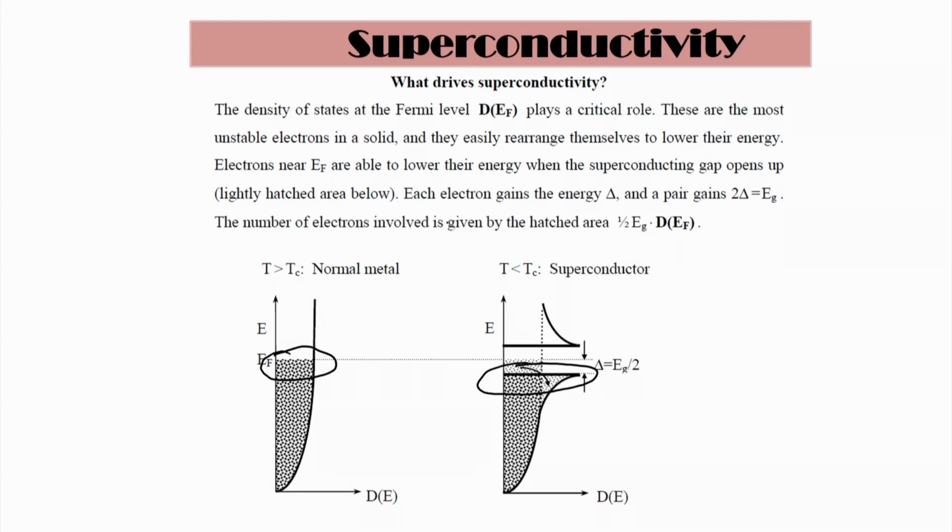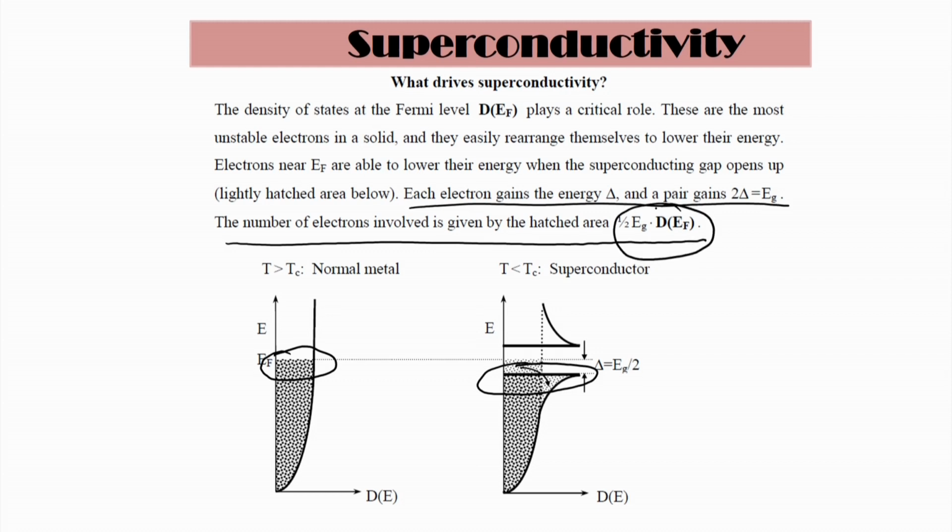Each electron gains delta and a pair gains 2 delta, so the number of electrons involved in this process is half of E g, because this is twice the gap, multiplied by the density of states at the Fermi level. So, these are the number of electrons that are available for causing superconductivity in a sample.